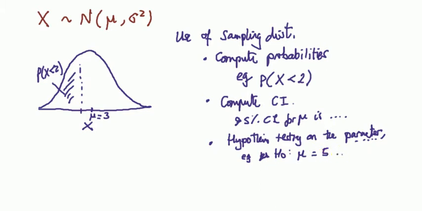Anyway, to just get the gist of it, sampling distributions are very useful, and here are the reasons. You can use it to calculate probabilities of outcomes. It can be used to compute confidence intervals on the parameter. And we could use it for hypothesis testing. So all these things require us to know the sampling distribution of the random variable.